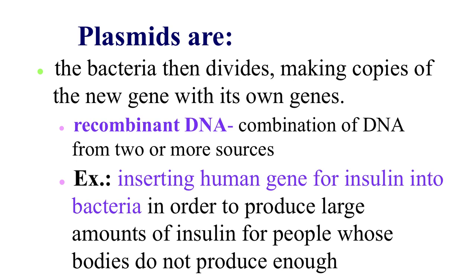Why would we ever do that? Well, we've done this to produce insulin for diabetics. It's a hormone that diabetics don't make. So what we can do is isolate cells from a healthy human that can produce insulin, and cut the insulin gene out of the chromosome that contains it with a restriction enzyme.